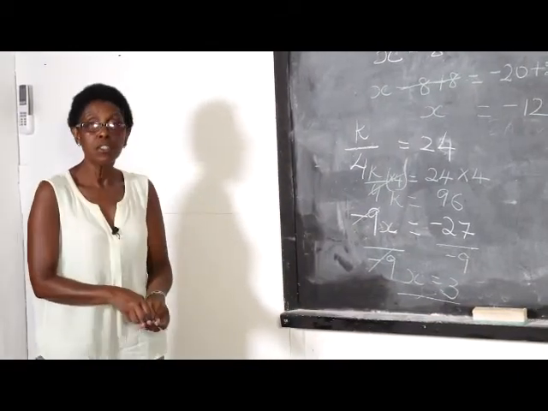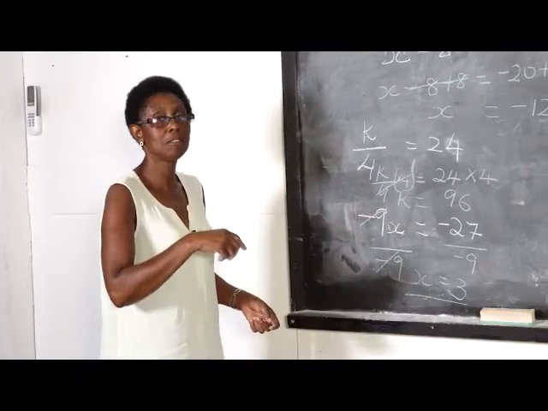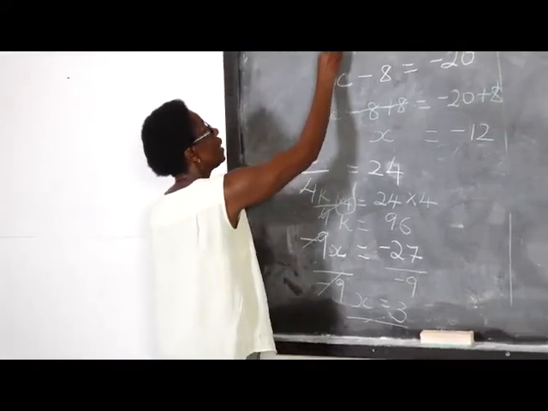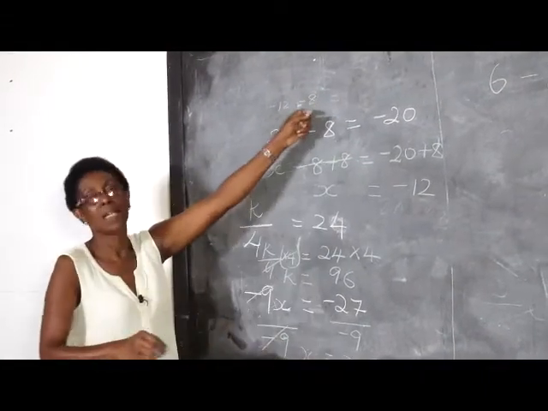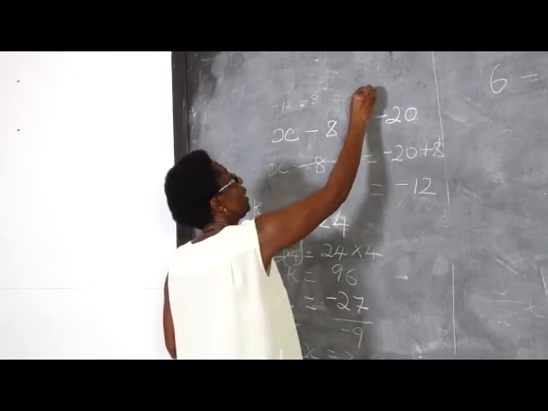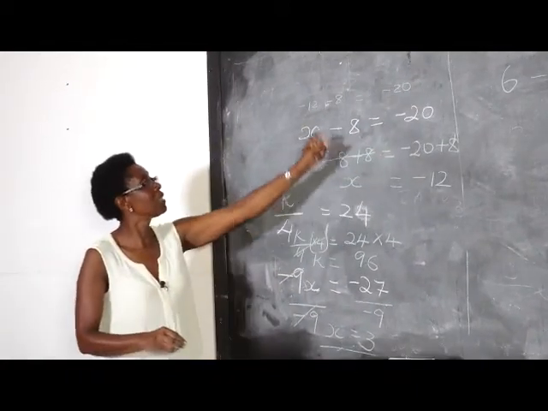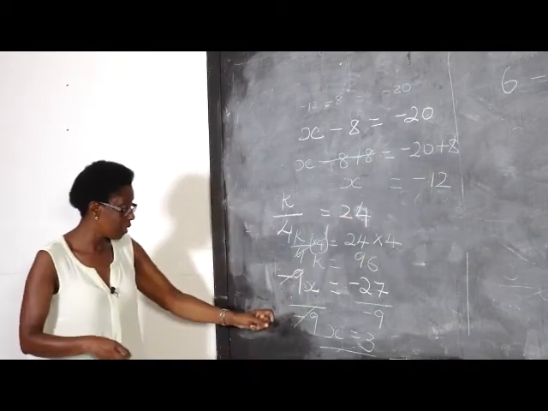Okay, now let's just check. Very, very important. Let's just check that those are correct. If I put minus 12 in there and I minus 8, I should get the answer of minus 20. Then I know that my answer of minus 12 is correct. Okay, we'll check the last one.